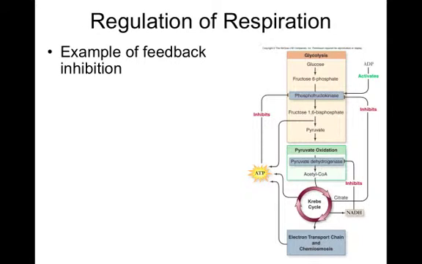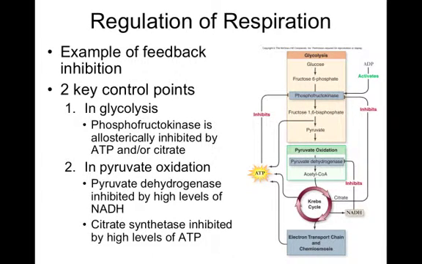Now, how is all of this regulated? What if there's enough ATP already and we don't need to make any ATP? Well, that happens to be one of the key control points. In glycolysis, there's a keystone enzyme called phosphofructokinase.